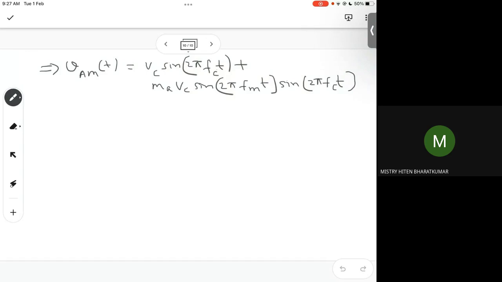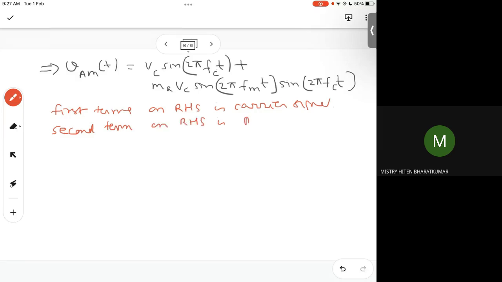Now, if you see here, the first term is nothing but the carrier signal. And the second term on the right-hand side is a product of two signals.